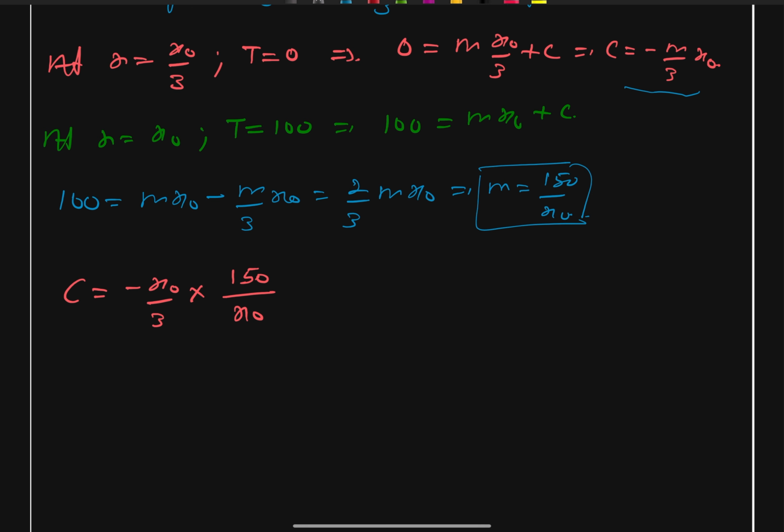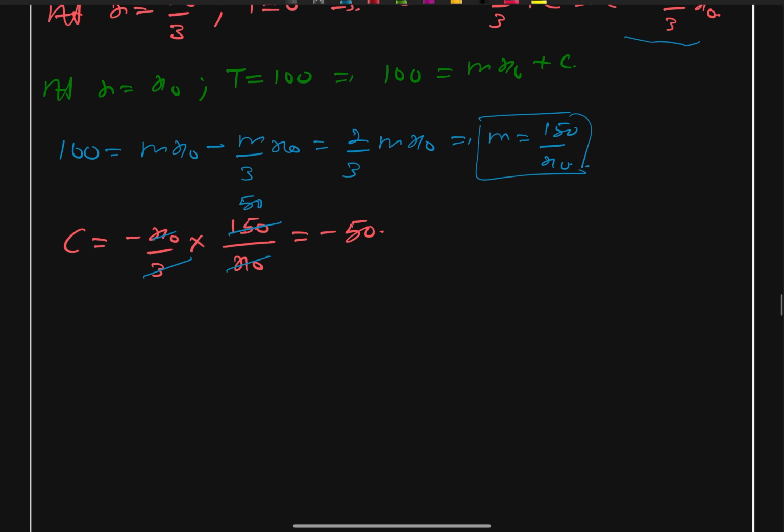And here x naught and 150 goes by 50, so we get c is equal to minus 50. Therefore we get the equation that T is equal to 150 by x naught times x minus 50.